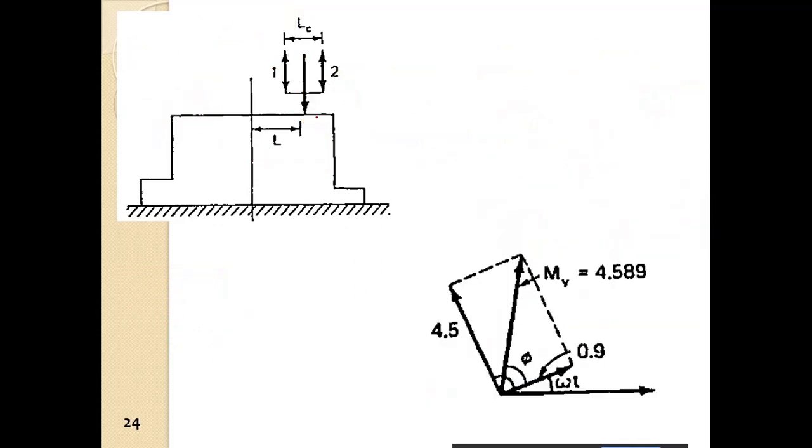So how to consider that? Let us consider this is the CG of these two systems. So this is the axis to the CG of the two systems, which is at a distance L. This force is acting at a distance of L plus LC by 2, where LC is the center to center distance of the two forces.